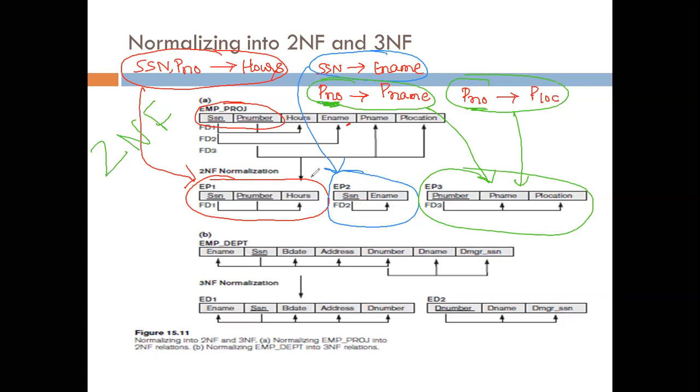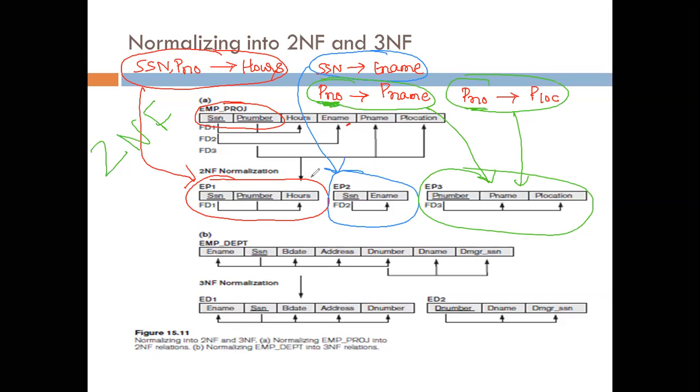To put it in simple terms, in second normal form, we expect that in the table all non-prime attributes, non-prime meaning except those which we have designated as a primary key, all of them have to depend completely on the primary key.